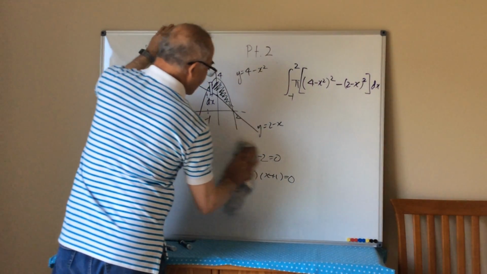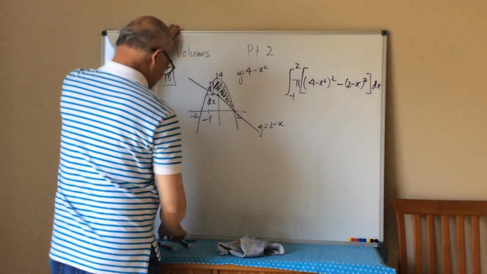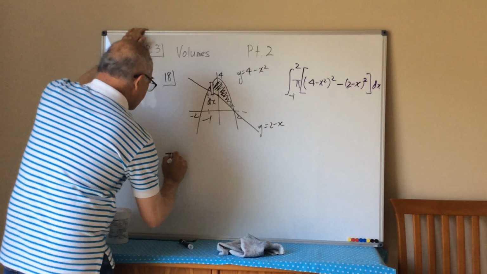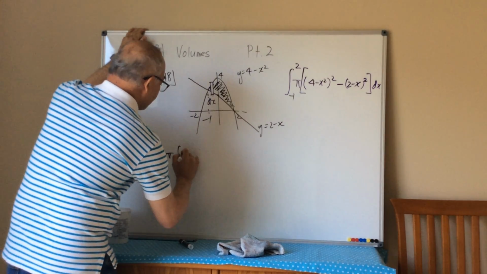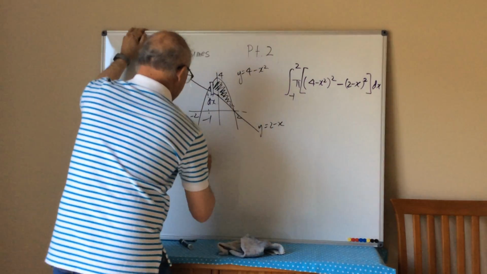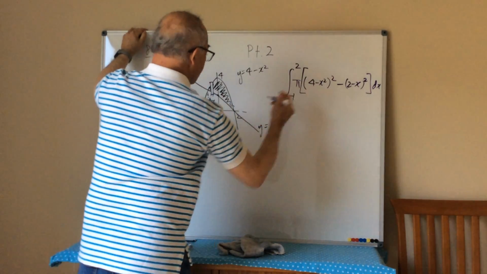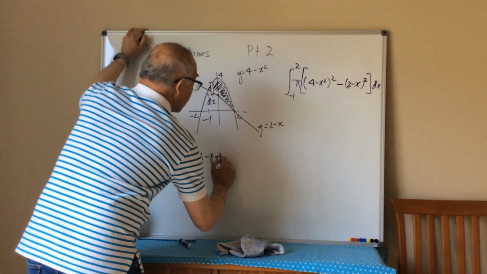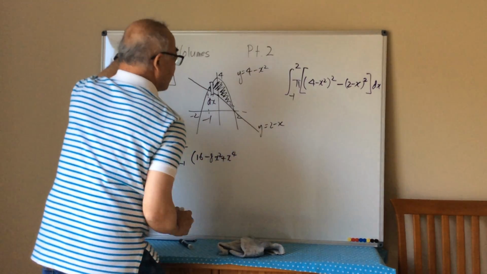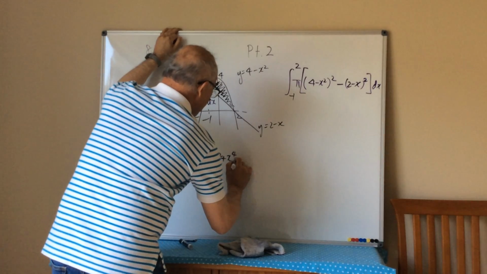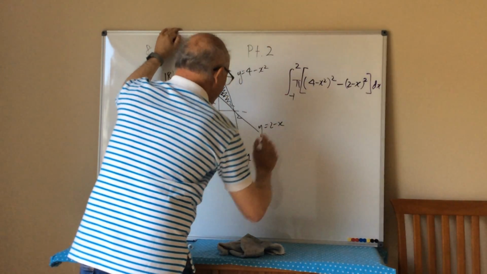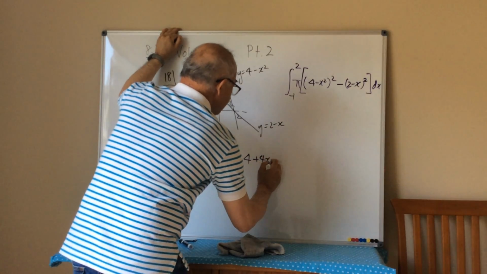So the rest is just mechanics, so let's see if we can do it. I'm going to pull the pi out. From negative 1 to 2, square that: 16 minus 8x squared plus x to the 4th. Minus 4, I had minus 4x, the minus, I'm going to get plus 4x.